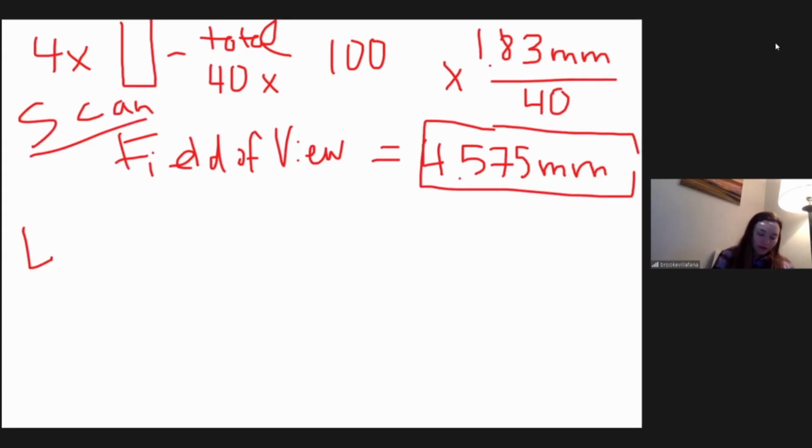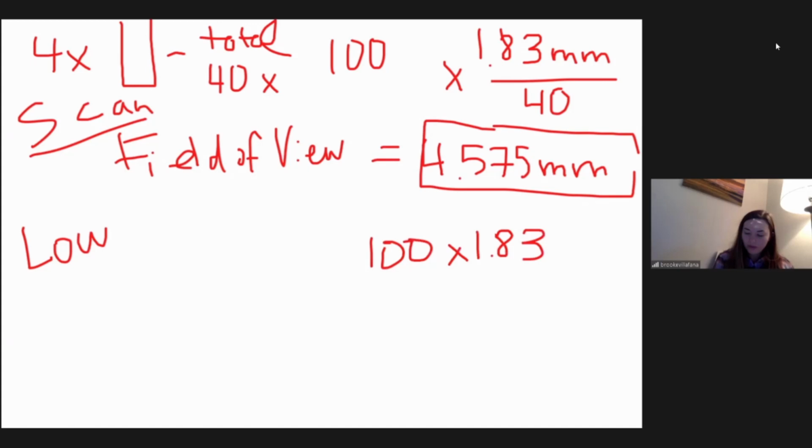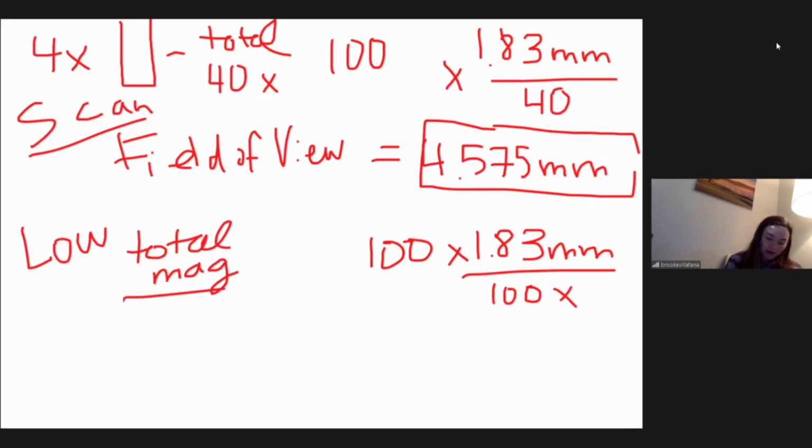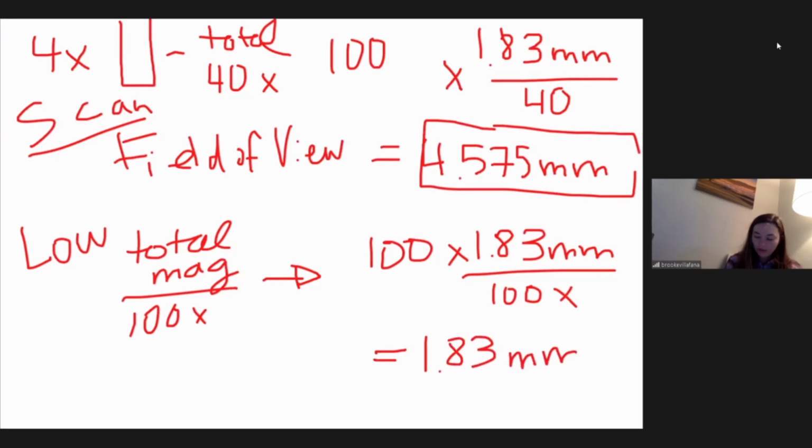The field of view for low power, we're going to do the same thing, 100 times 1.83 millimeters over 100x, because 100x is the total magnification for low power. So when we plug that into our field of view formula, the answer we get is 1.83 millimeters.